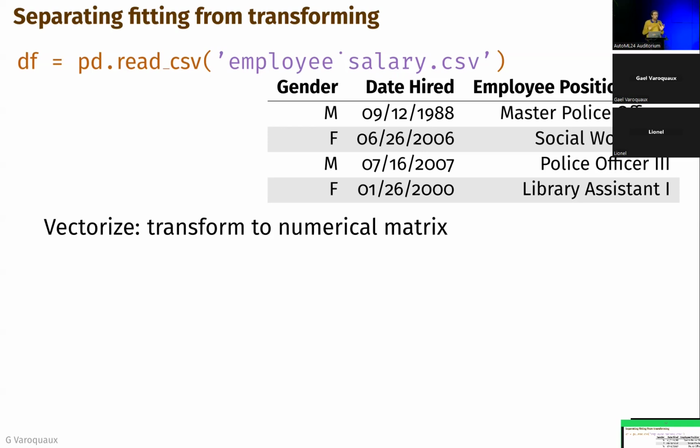It's just the 101 story of data science in real life. And one of the problems is because they've done all the data munging in pandas script. You can't separate fitting from transforming. So given new data, what do you do?